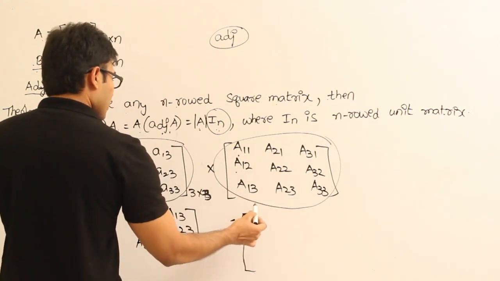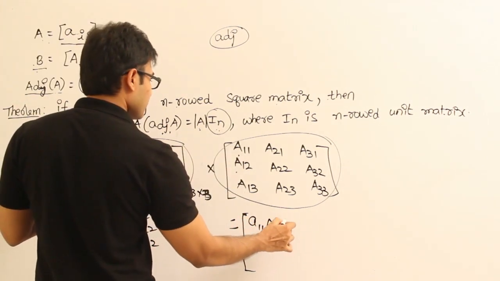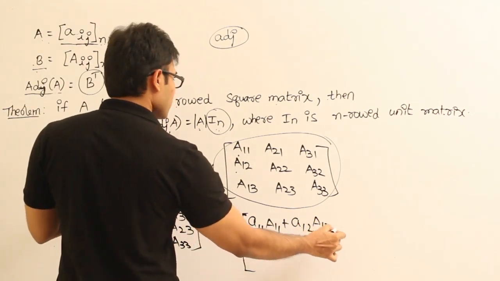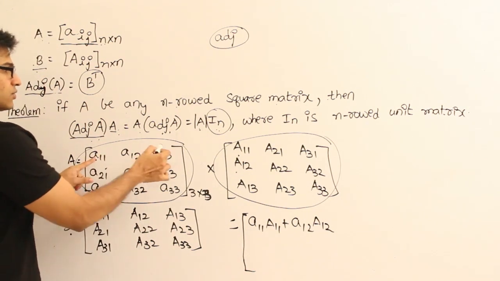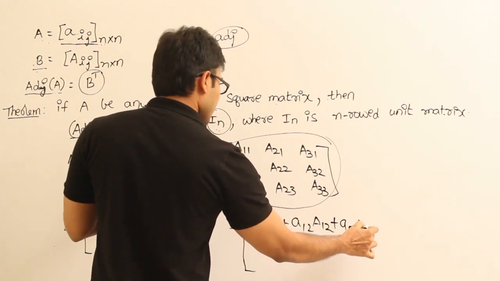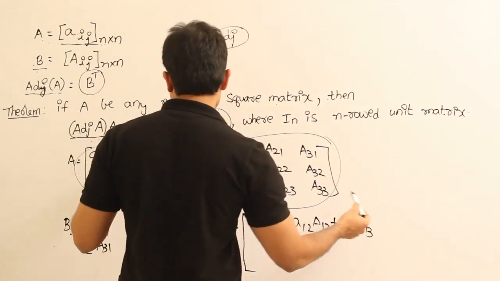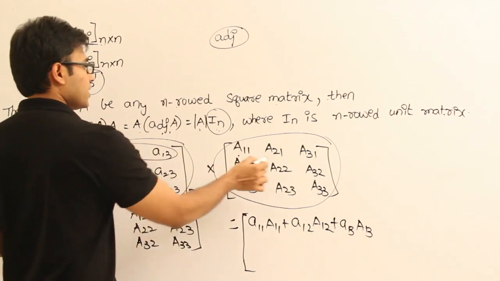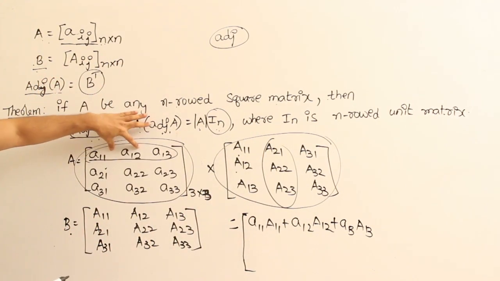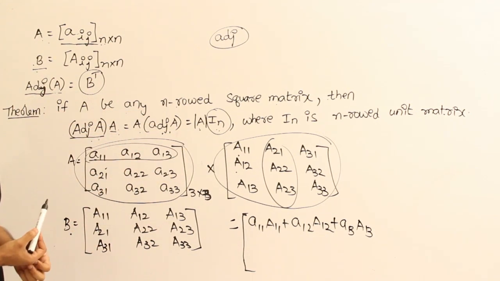If you observe, a11 is multiplied with capital A11, plus a12 with capital A12, plus a13 with capital A13. It is row by column multiplication, right? Similarly the second element is this row multiplied by this column. Now this row multiplied with this column is nothing but the definition of the determinant.